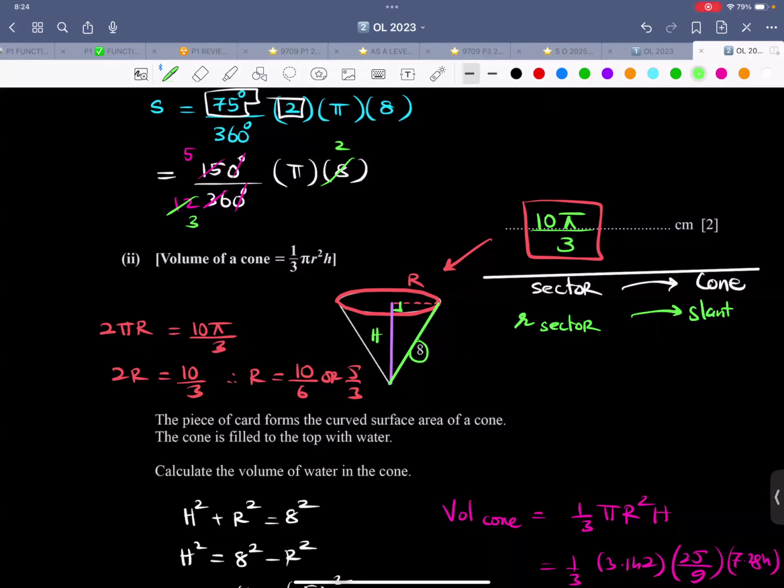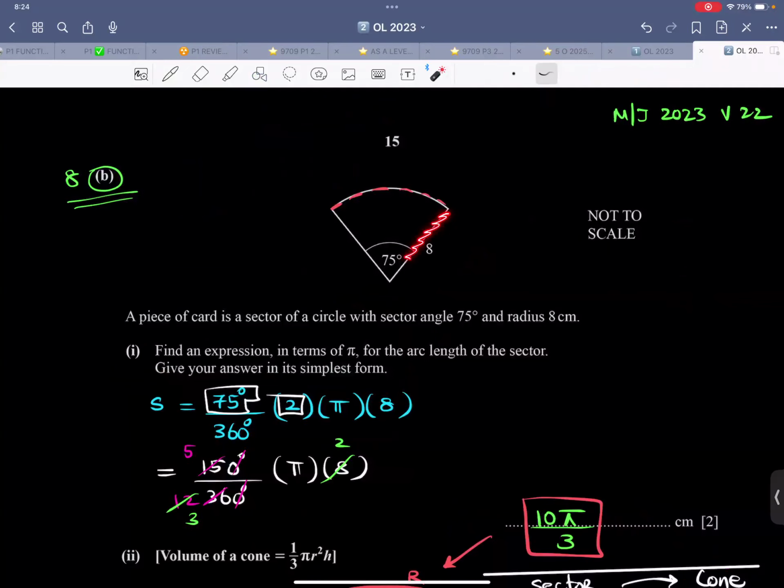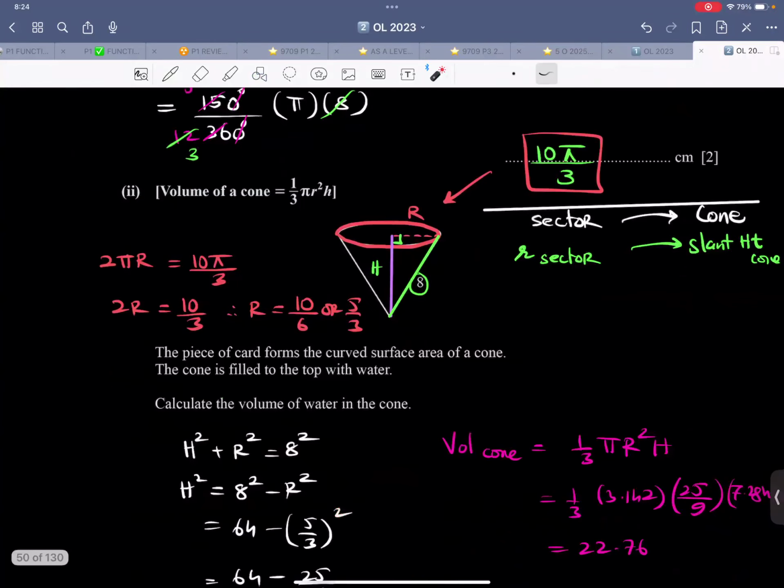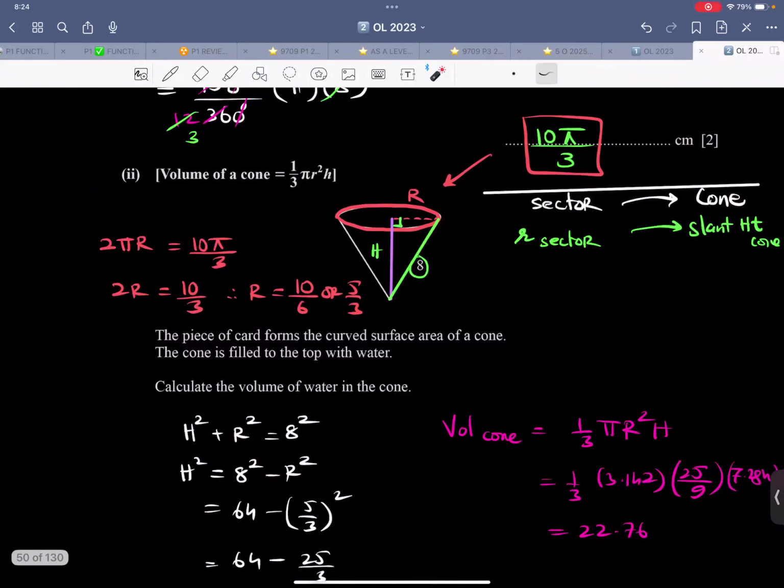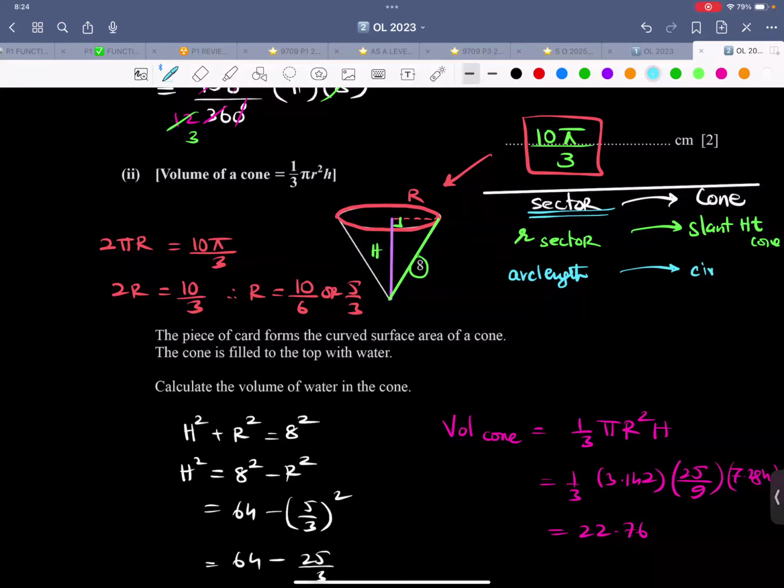When you wrap it around, it's a very good question. This 8 becomes the slant height of the cone. The next thing you observe is that the arc length of the sector will now become the circumference of the base of the cone.